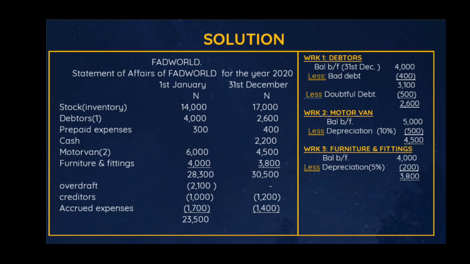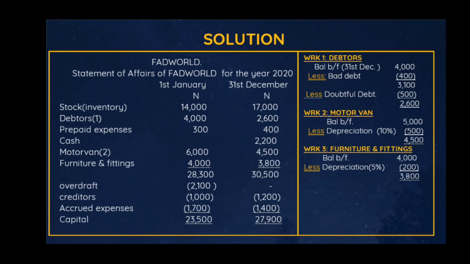If we deduct 1,200 and 1,400 from it, it's going to give us 27,900. So at the end of the period, the value of the capital is 23,500 for the beginning of the year, 27,900 for the end of the year.